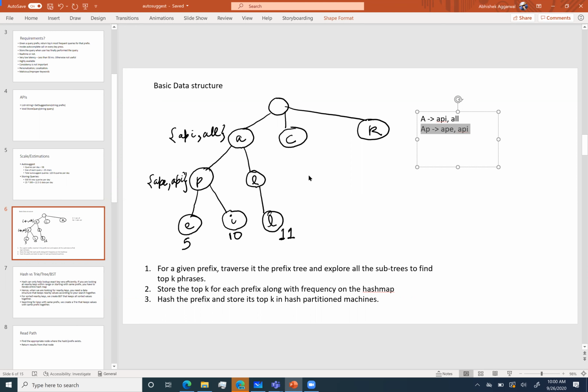I was thinking of distributing this hash map and storing all the possible combinations of prefixes, but it makes sense that we could have so many combinations which might not be useful, so we would be wasting a lot of space.